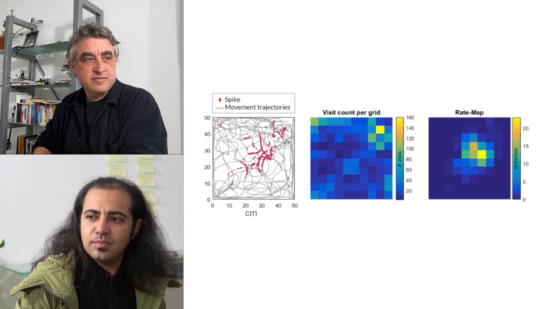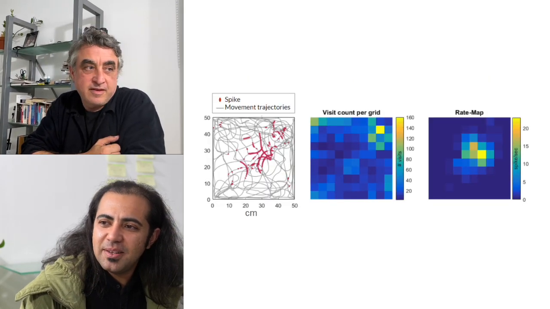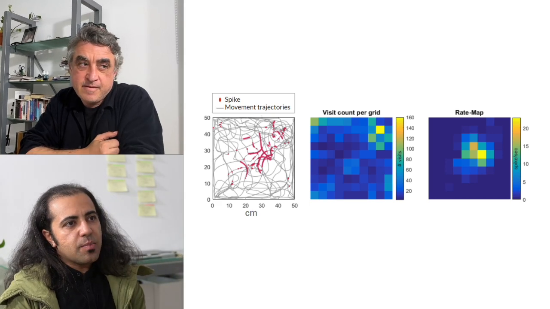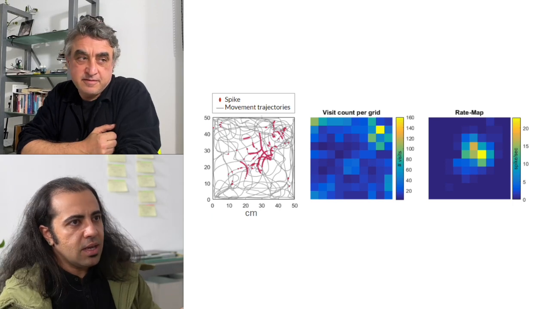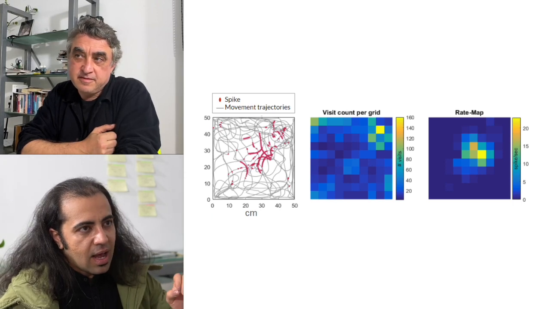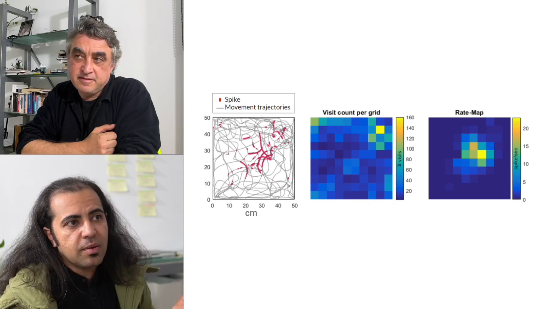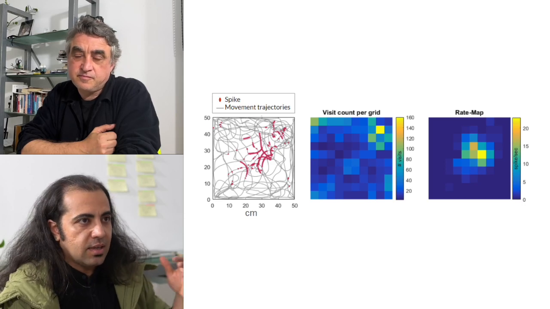So describe what this slide is showing. Well, this is a place cell. The place cells are the typical cells in the hippocampus, which are responsive to special locations. So mice, humans also, have many cells in the hippocampus where each of them is sensitive to a particular location of each environment that you learn.